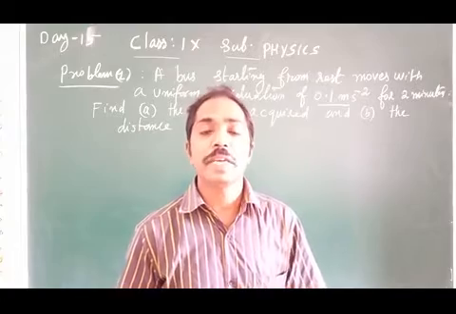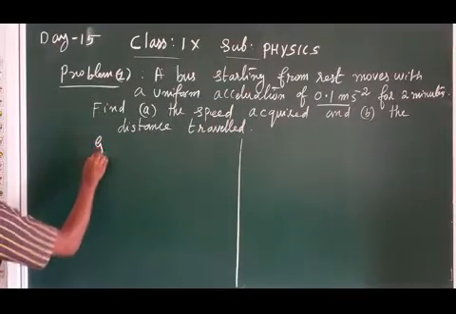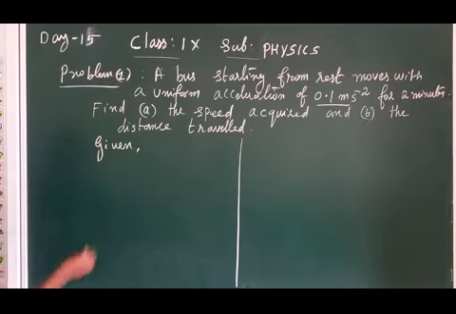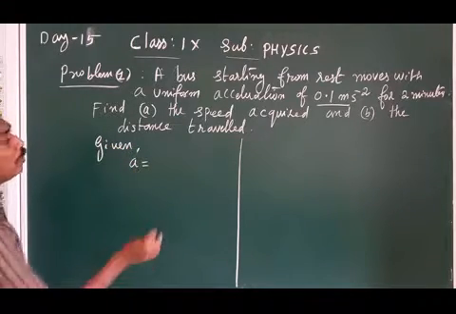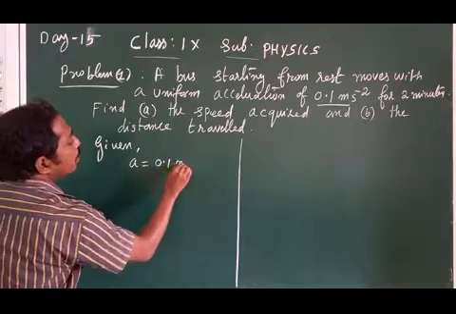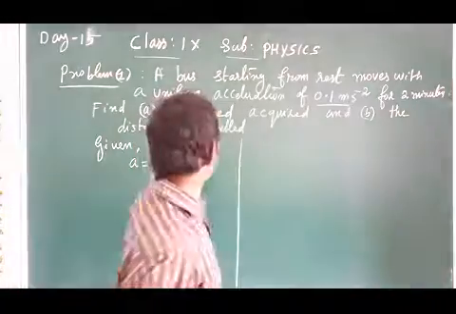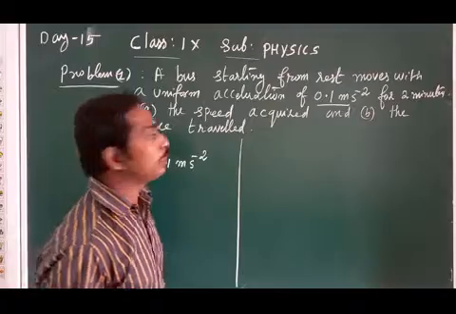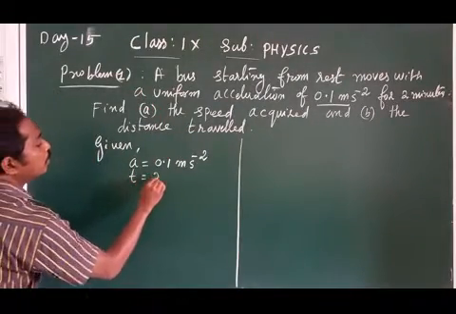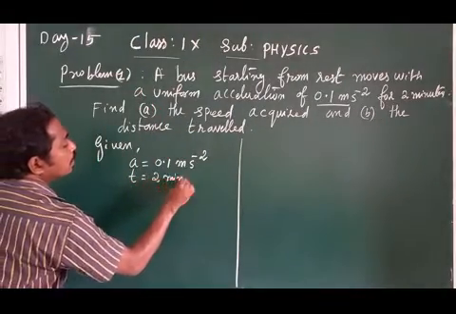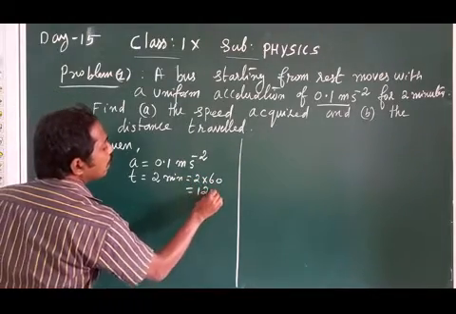First we write, like in every problem, the given data. Given: a equal to 0.1 meter second raised to minus 2. Time, 2 minutes equal to 2 into 60, 120 seconds.